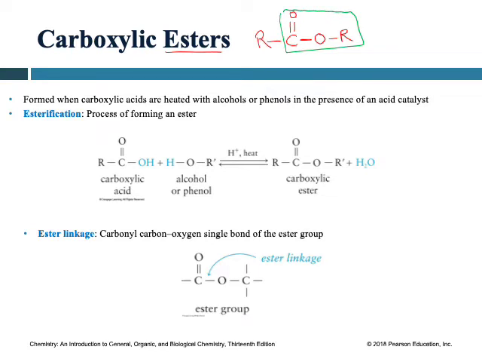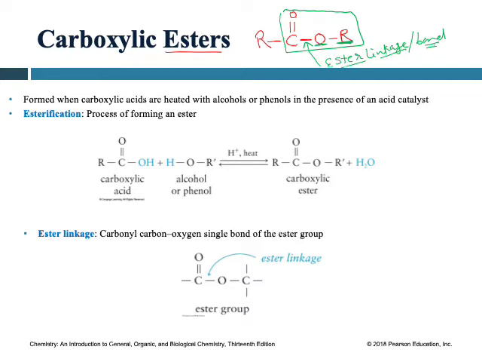And this bond between the carbonyl and oxygen we call an ester linkage or an ester bond, right? So any time you see a carbonyl group attached to one more oxygen, and that oxygen attached to an alkyl group, either CH3, CH2, or depending on how many carbons you have, this is an ester linkage or ester functional group.